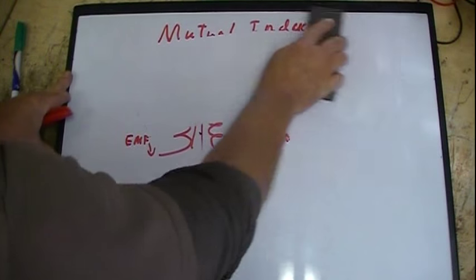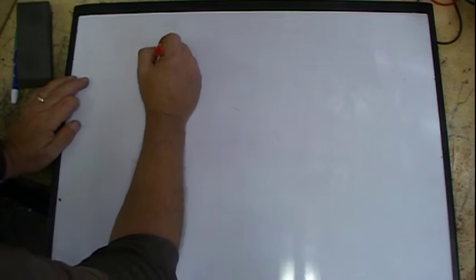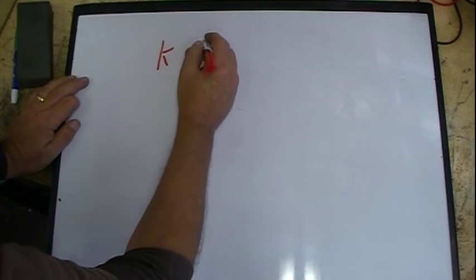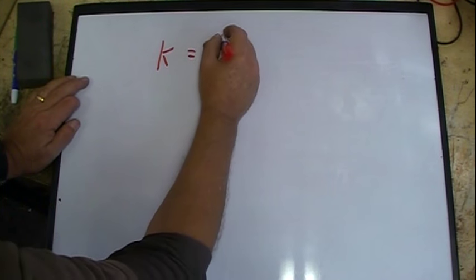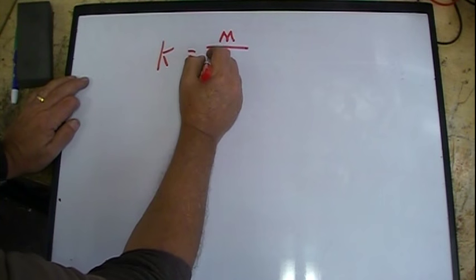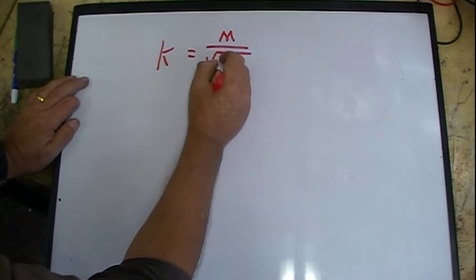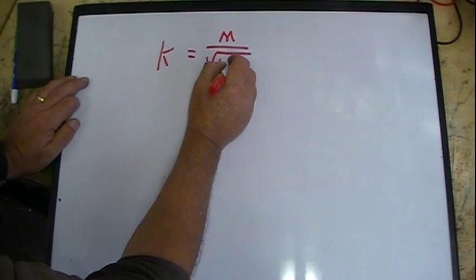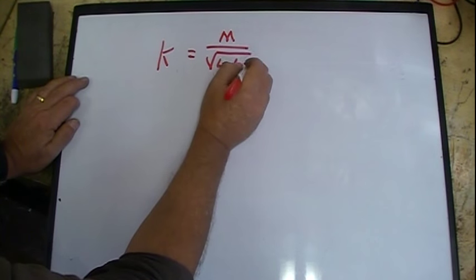Now that comes back to the coefficient of coupling, which is K, which equals the mutual inductance divided by the square root of L1 times L2.